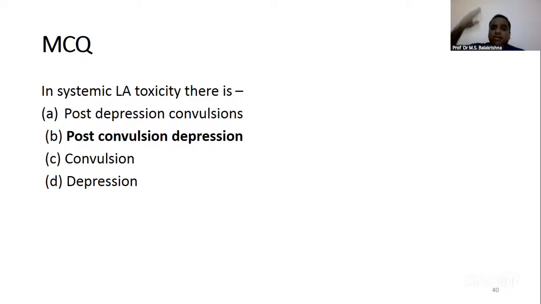You drink alcohol, initially excitation followed by depression. You eat biryani, initially you like it. After some time, when your tummy is full, you start hating it. So there is post-convulsion depression. There is an excitation, followed by the patient going into a state of depression after the epileptic attack.